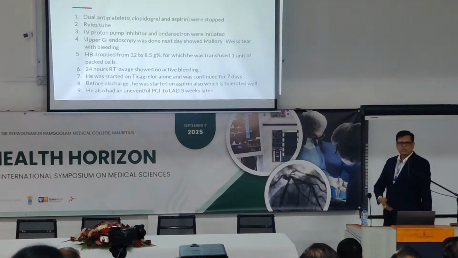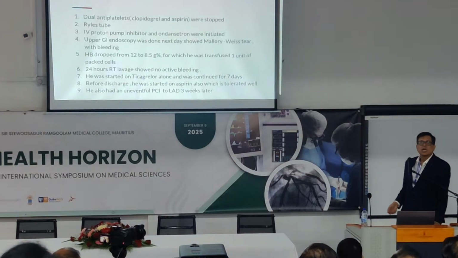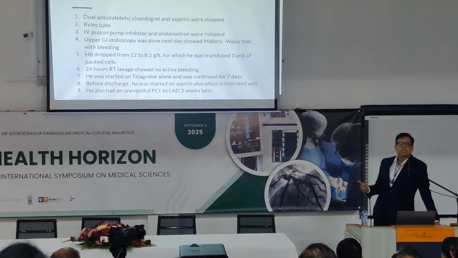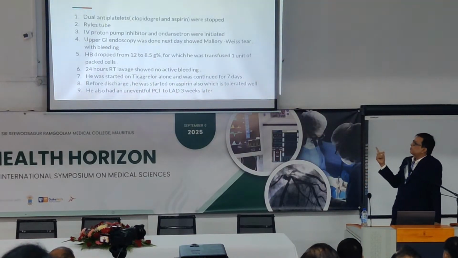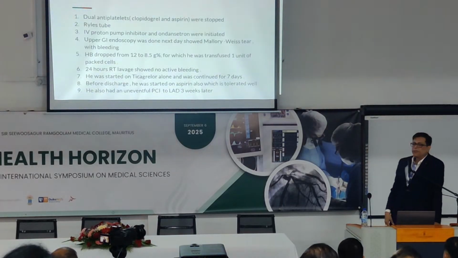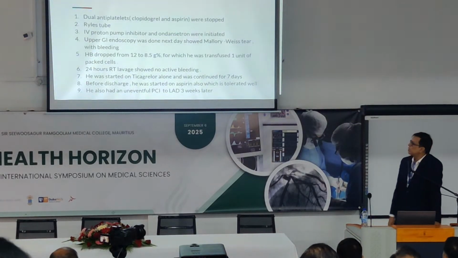We resuscitate with fluids, put the patient on IV proton pump inhibitor, and perform a GI endoscopy. The GI endoscopy showed this was not a massive ulcer, only erosions, and the patient's Hb dropped from 12 to 8. So we managed with a blood transfusion.